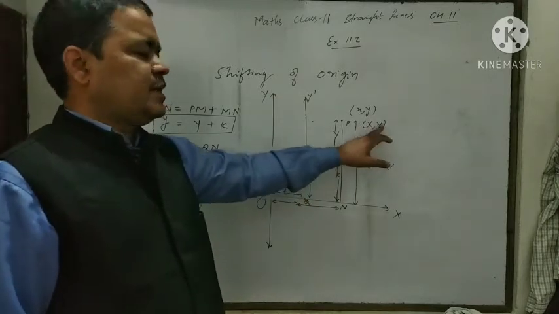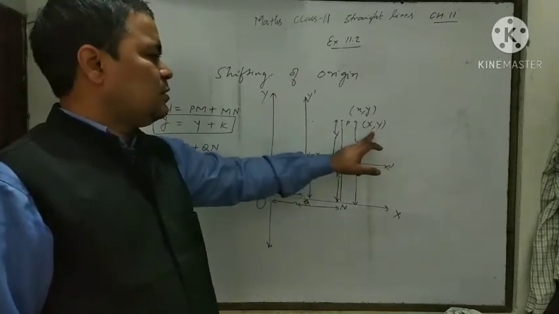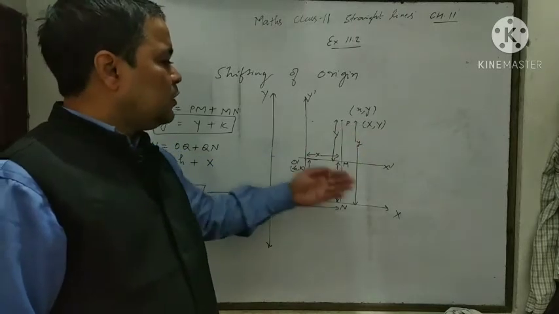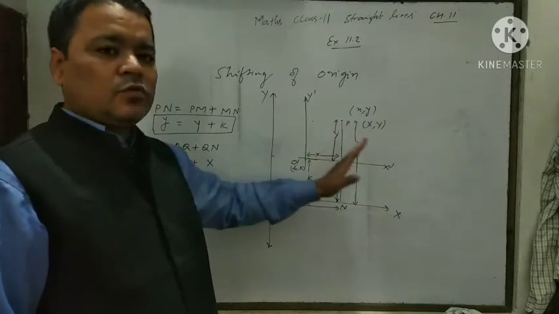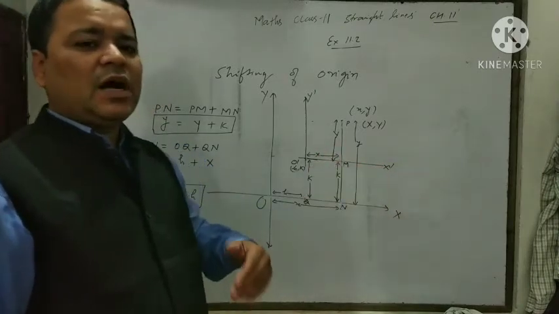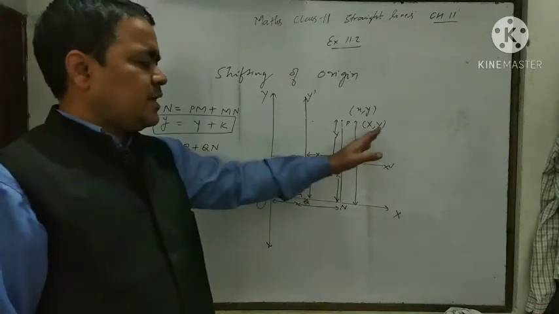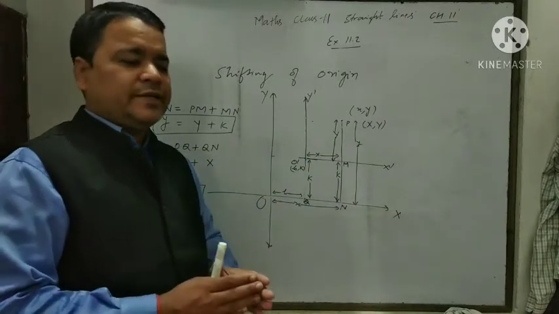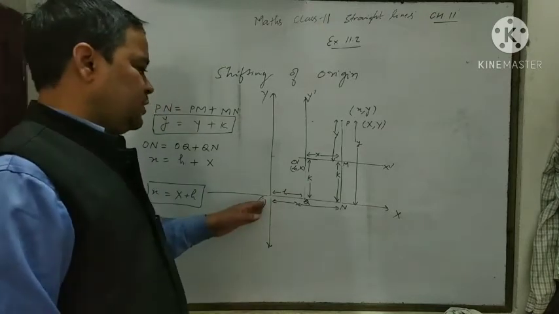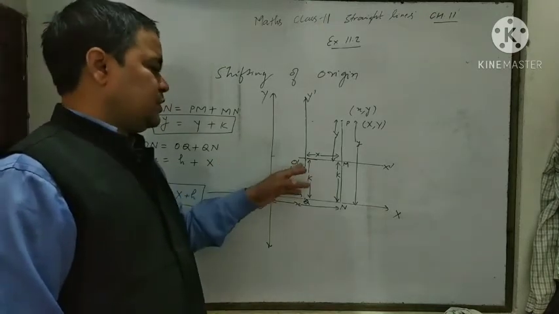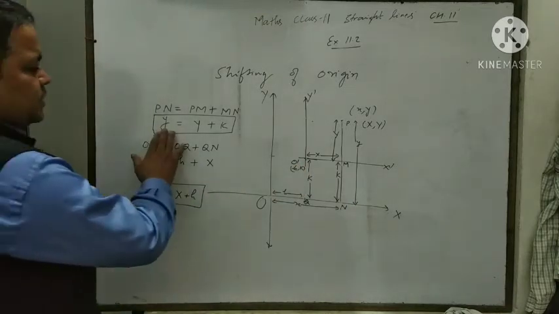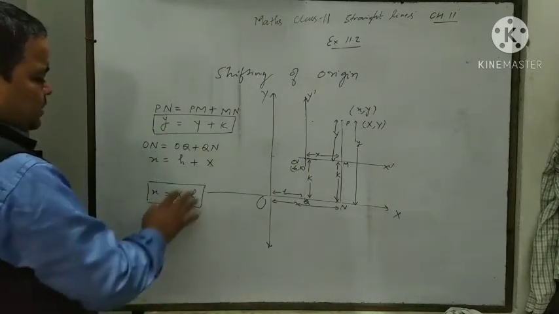What are capital X and capital Y? This is the coordinate of point P according to the new coordinate axis. Or we can say capital X and capital Y are the coordinates of the point P when we shift the origin to the new origin, that is O dash.